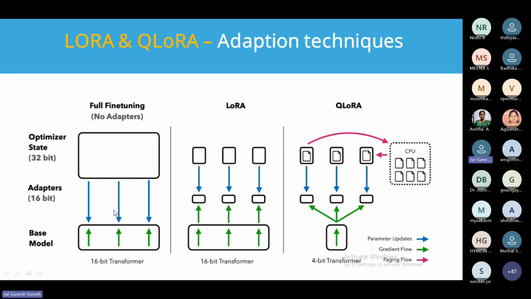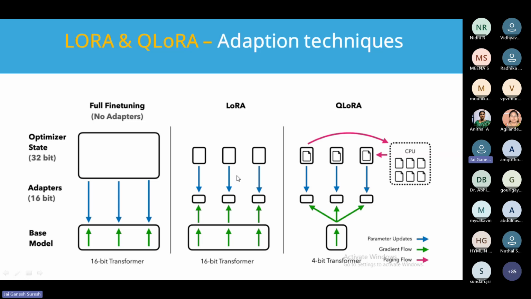Okay, so now what is the logic we are applying on top of LoRA here? If you see the LoRA, I have a base model with 16-bit transformers. That means I'll be taking the same Llama model with 3 billion parameters. This 3 billion parameter model, I'm going to fine tune it, but I'm not going to do the entire full fine tuning.